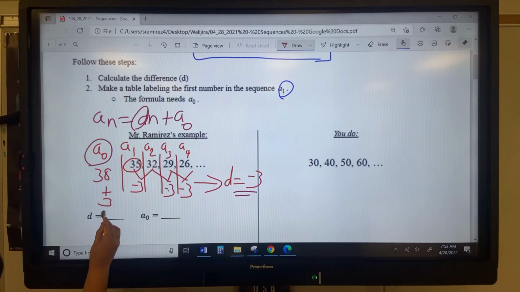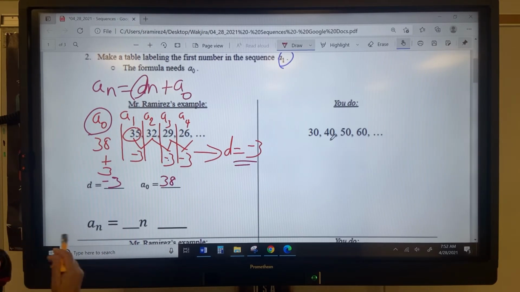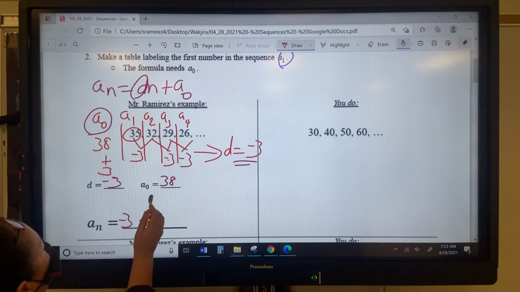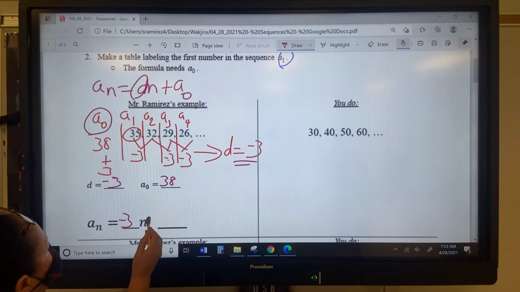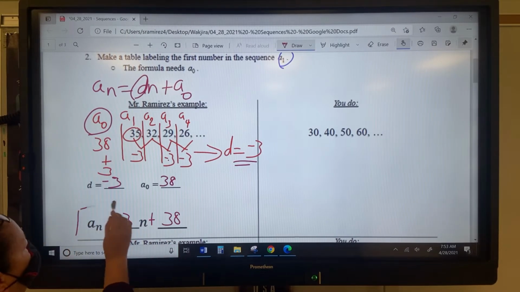D is minus 3, and A sub 0 is 38. Now since we have those two, we can write the formula: A n equals minus 3n, that's our D, plus 38, since A sub 0 is 38. So this is our formula.